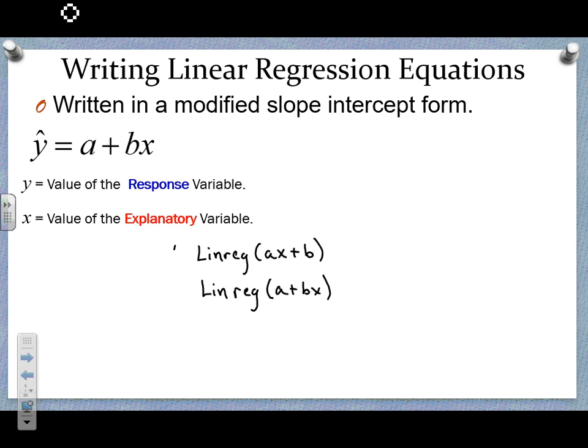So this one here is option number 4 in your calculator. When you go to the stat and calculate, this one would be option number 8. Now, if you notice, the first one, option 4, is in a slightly different format here. When I look at the way the book writes it, A here actually corresponds to what? The y-intercept. So A would be my y-intercept. And B would be the slope.